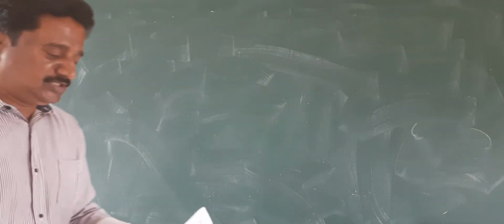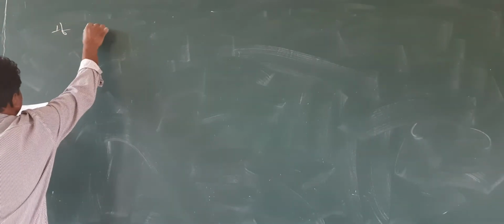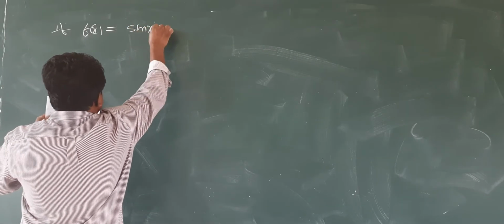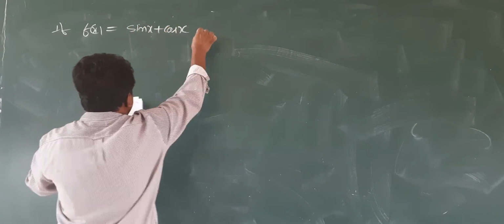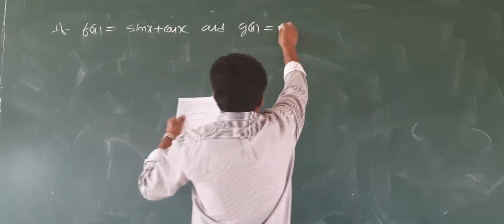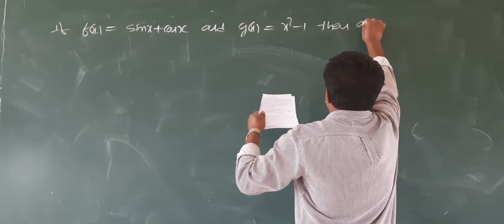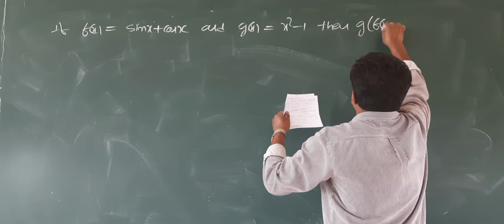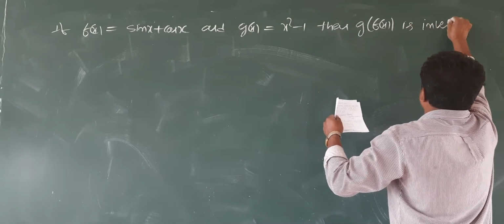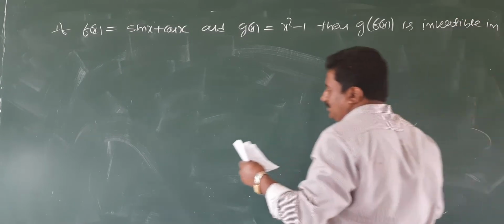If fx is sin x plus cos x and gx is x square minus 1, then g into fx is invertible in which interval?